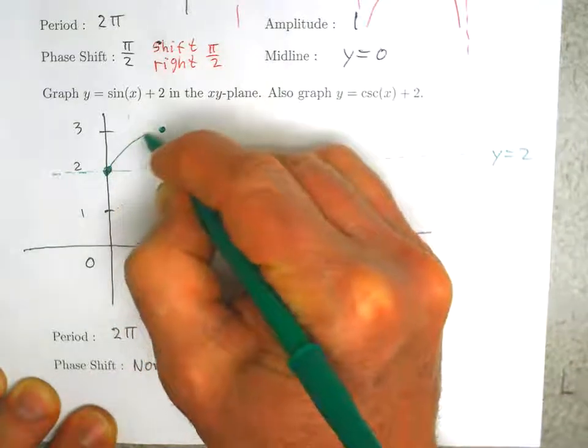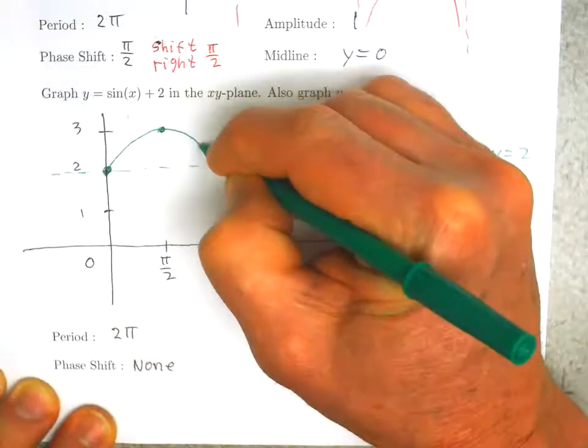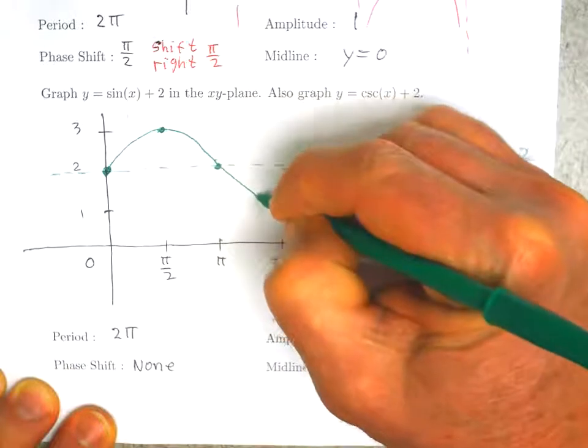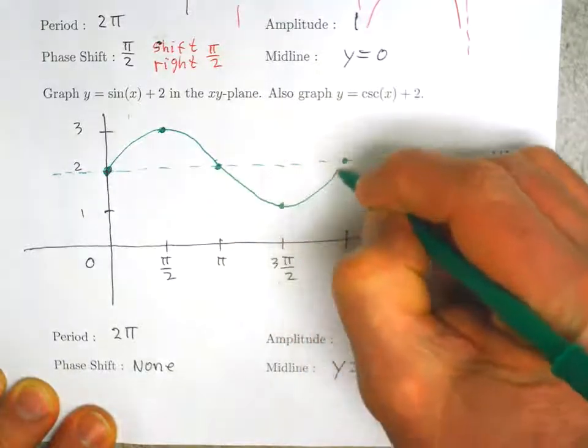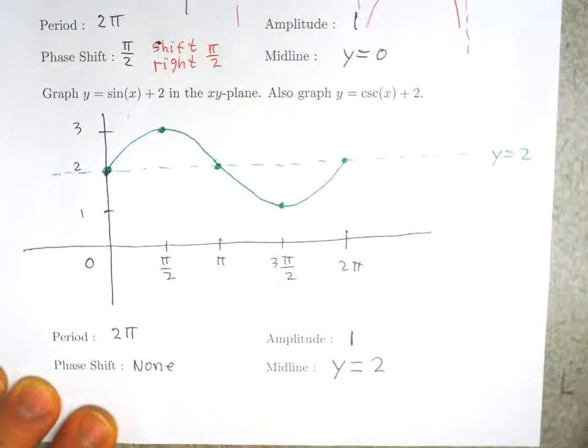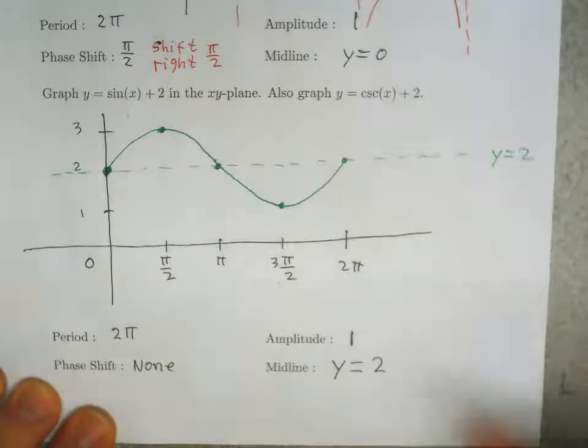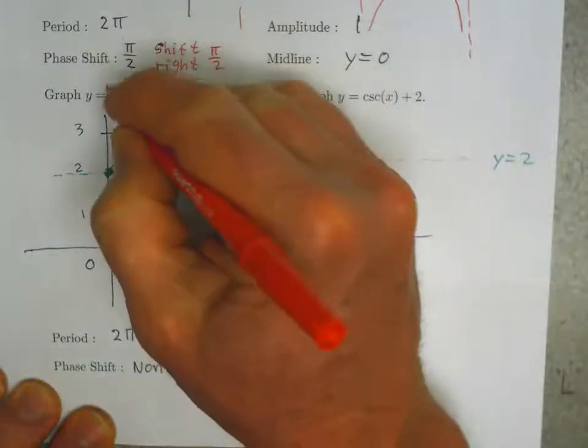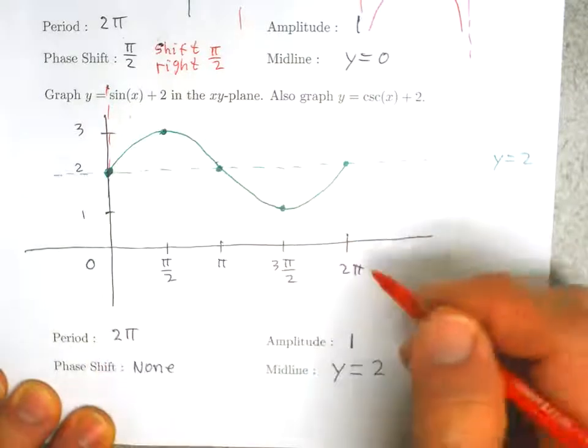So then we just draw the one period of the sinusoid. And then the reciprocal function, the vertical asymptotes.